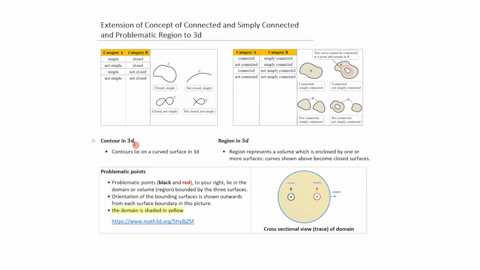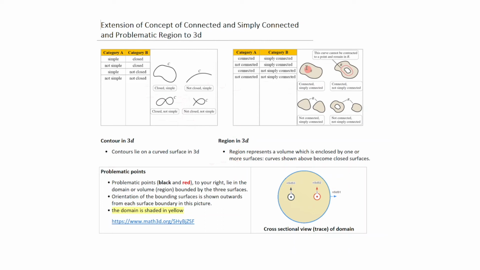So a contour in 3D means a contour lies on a curved surface in 3D. So if we're going to invoke Stokes' theorem, then we're dealing with contours. A region in 3D represents a volume which is enclosed by one or more surfaces. All right, so this would be if we're invoking the divergence theorem.